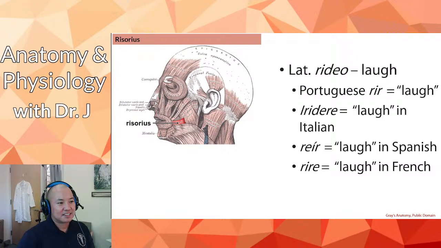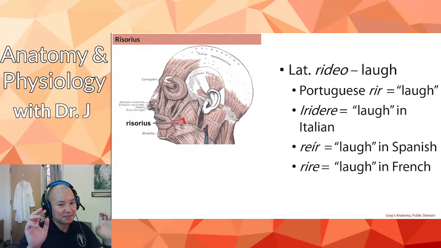There's the Latin rideo, which means laugh, and ridere means laugh in Italian, rir in Portuguese, reír in Spanish, and rire in French. These all come from Latin, and they all mean laugh.